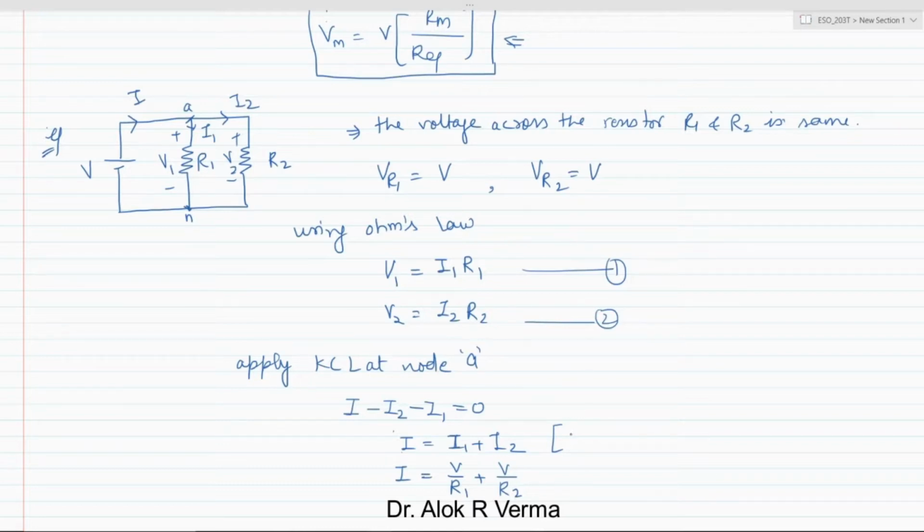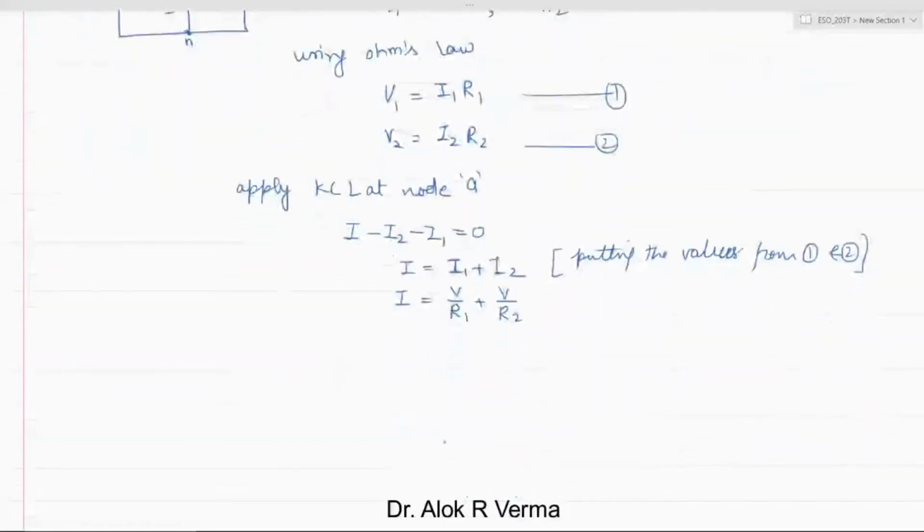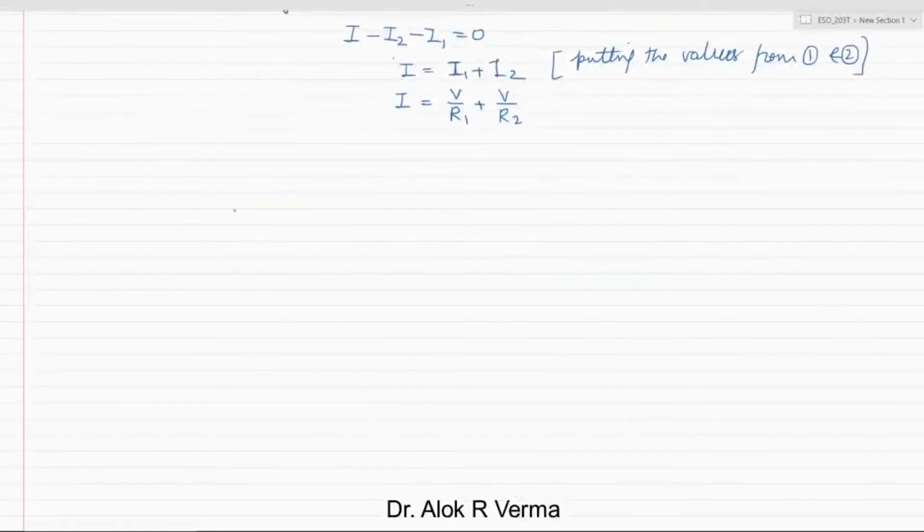So putting the values from 1 and 2, this becomes V times (1 by R1 plus 1 by R2).